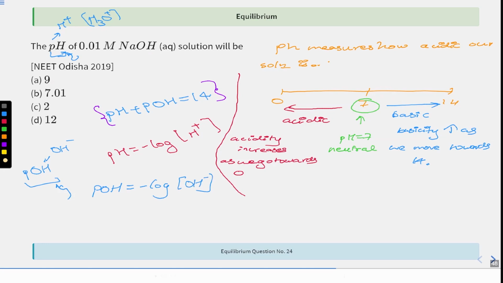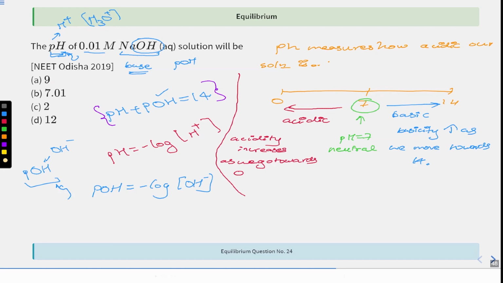So this is a quick revision on pH and pOH. Now you have molarity, you have a base. If you have a base, you can't directly calculate pH, because you will get the concentration of OH minus ions. From that you will get pOH, and then using this relation, you can calculate the pH.